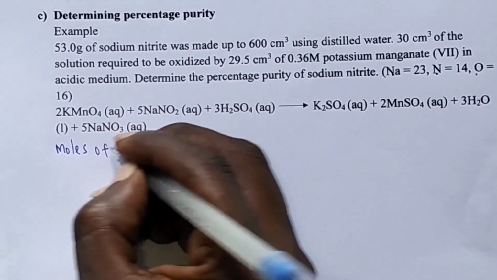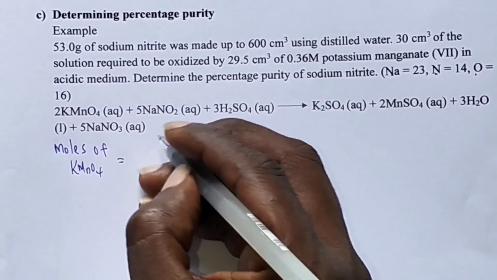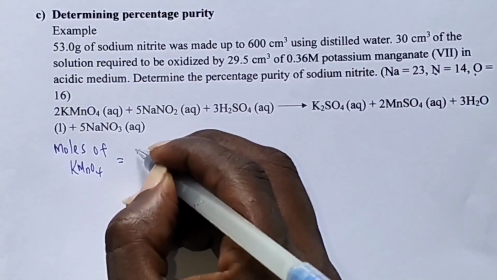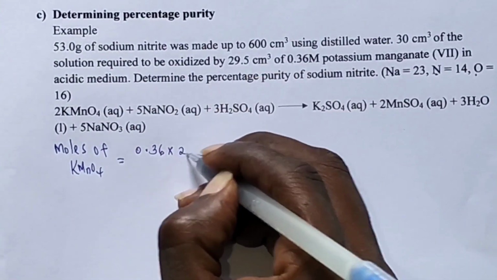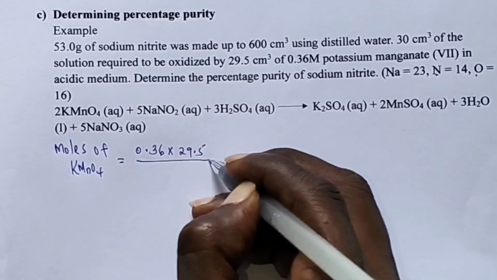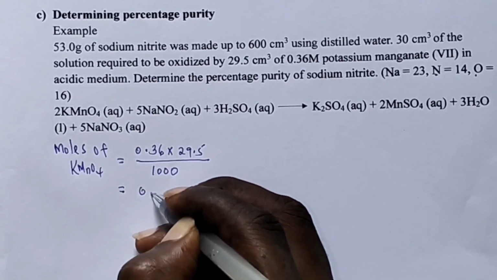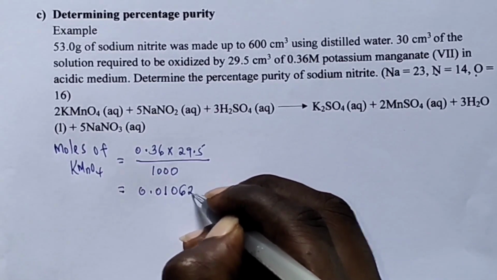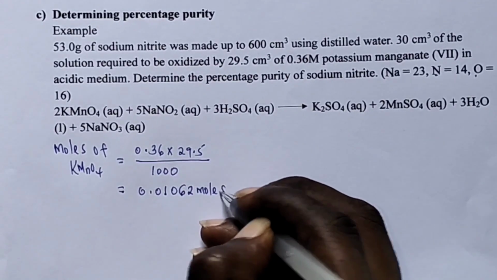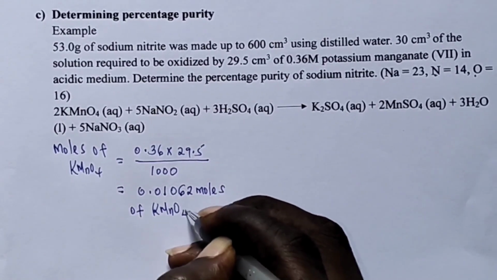Moles of potassium manganate(VII) equals molarity, 0.36, multiplied by the volume, 29.5, divided by 1000. So here we get 0.01062 moles of potassium manganate(VII) solution.